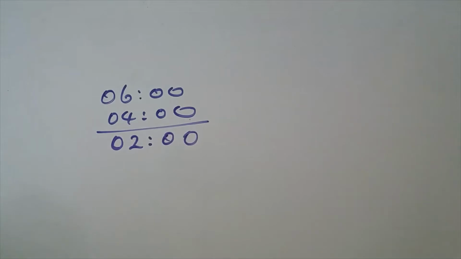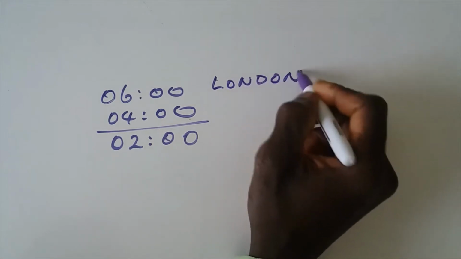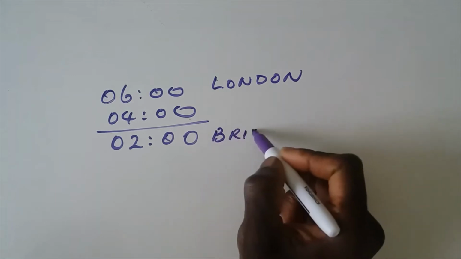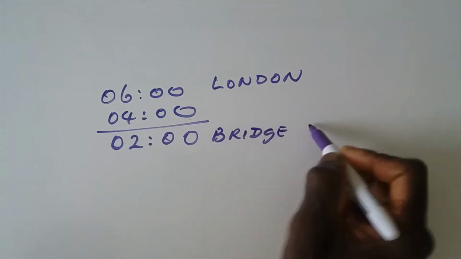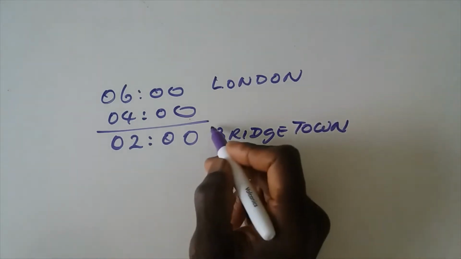So when the plane leaves at 0600 hours in London time GMT, it's actually leaving at 0200 hours from Bridgetown. So this is London, this is the difference, and this is Bridgetown, Barbados. That's the time.